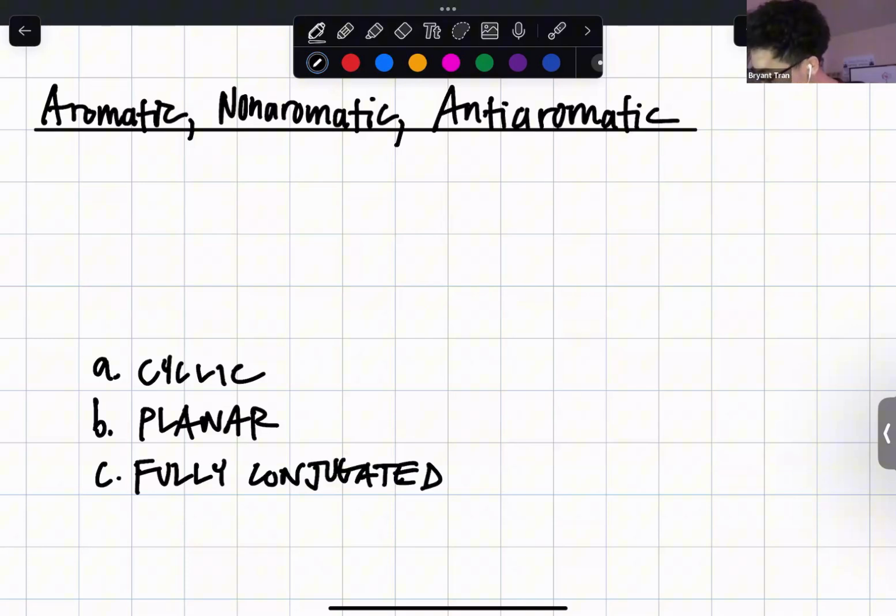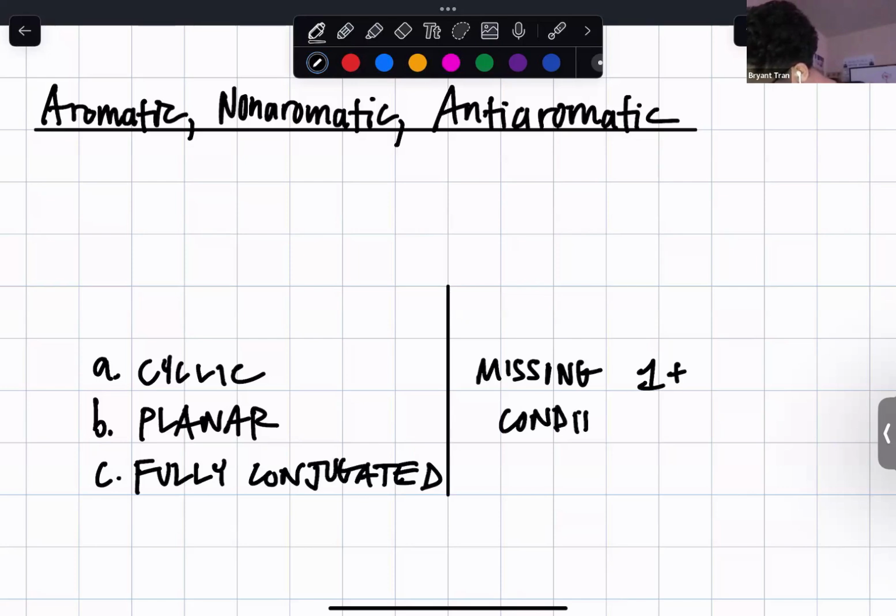Right? And let's say that the molecule does not fulfill one or more of these conditions. So let's say a molecule is missing one or more conditions. Then that molecule is automatically going to be considered a non-aromatic molecule.